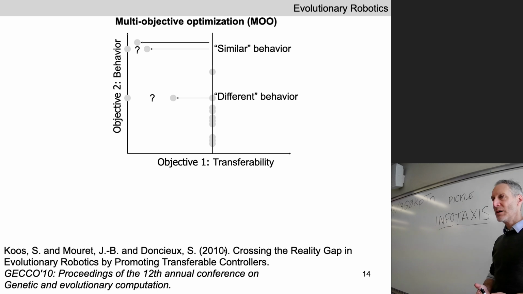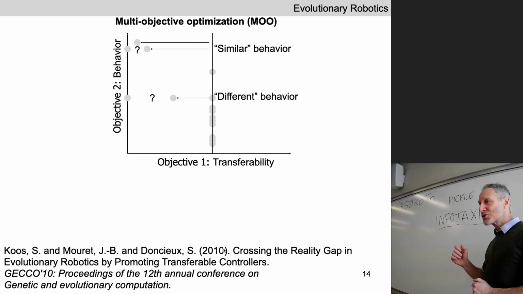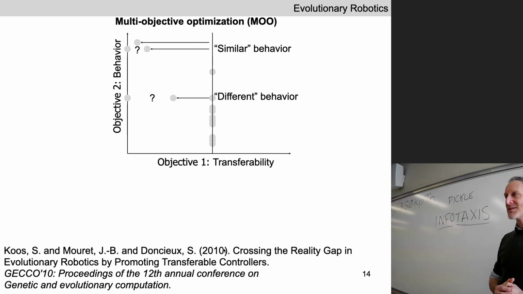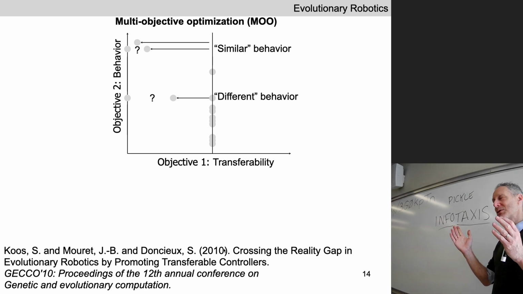Toddlers love to exhibit infotaxis. Let's see what happens if I go off the top of the stairs at home. Teenagers also like to do infotaxis. I'm going to borrow the car under these conditions, and let's see what mom and dad think about that. Lots of examples of organisms and machines where sometimes it makes sense to chase after information.